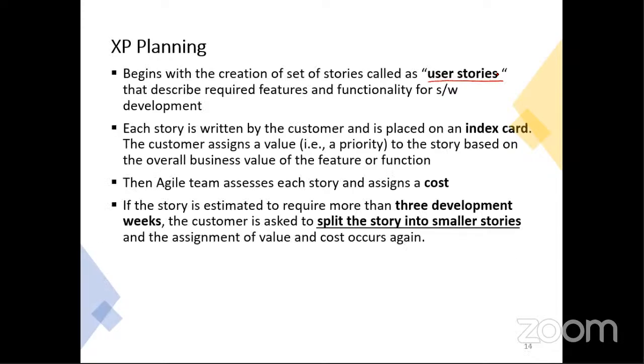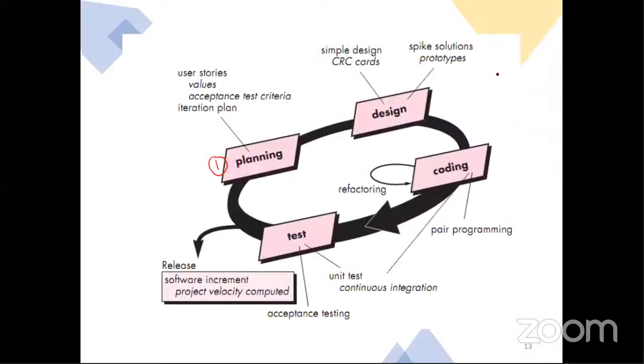If you see the diagram, there are user stories that get assigned a value, a test criteria, and then an iteration plan. Suppose in a first release I have taken 20 user stories, right? So my project velocity is calculated for those 20 user stories.